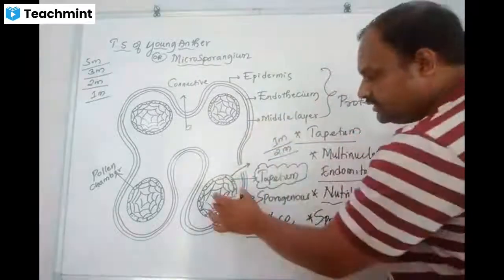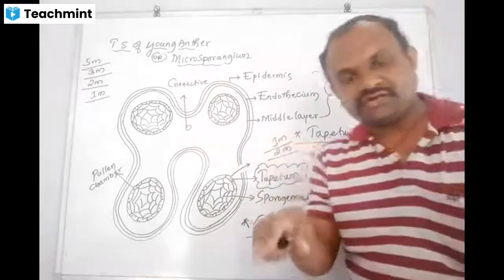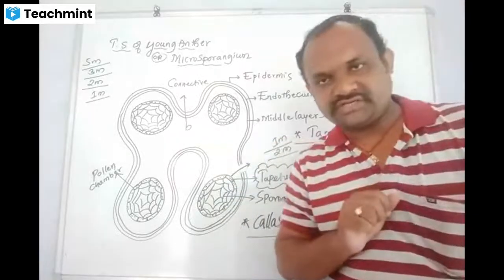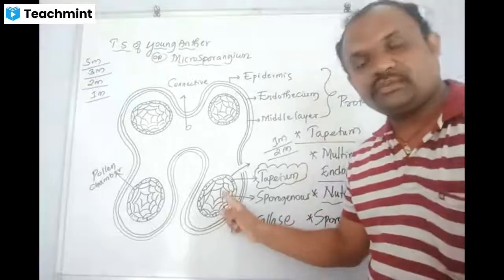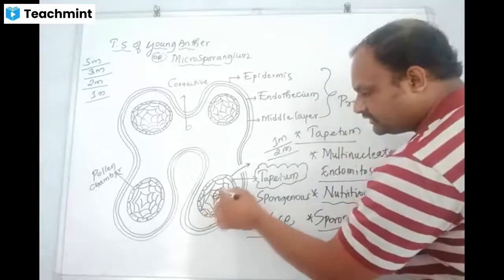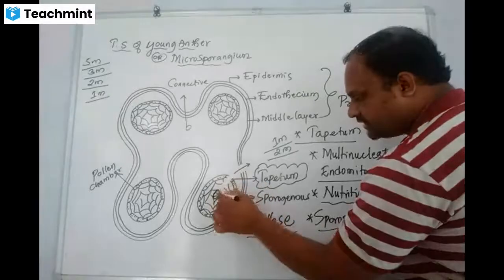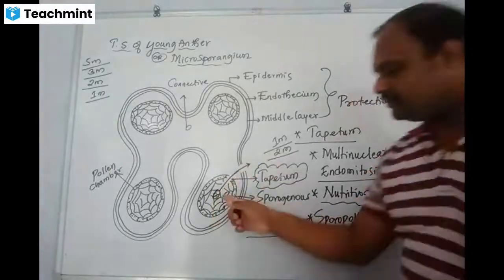Look, inside the pollen chamber, sporogenous cells undergo mitosis and develop the pollen mother cell. The pollen mother cell develops the pollen grains. The pollen grains develop inside, and they must come out, so the pollen grains are released from the pollen chamber.